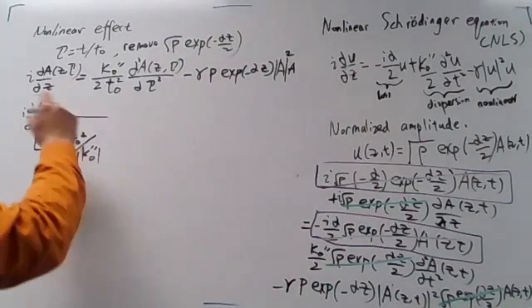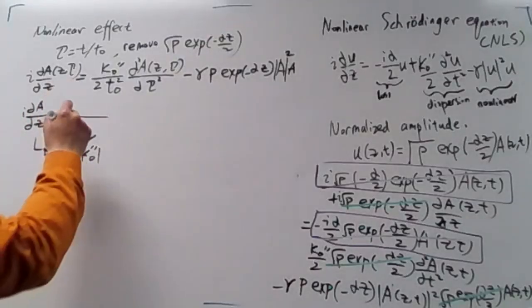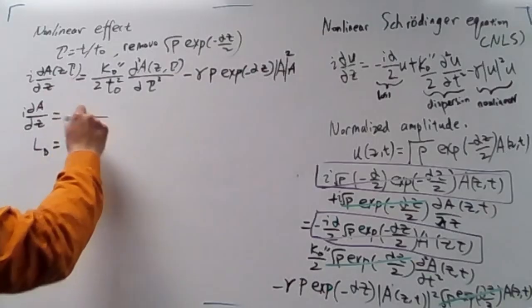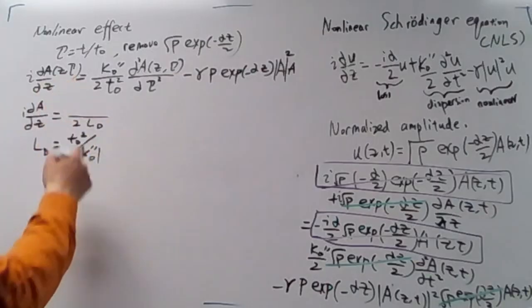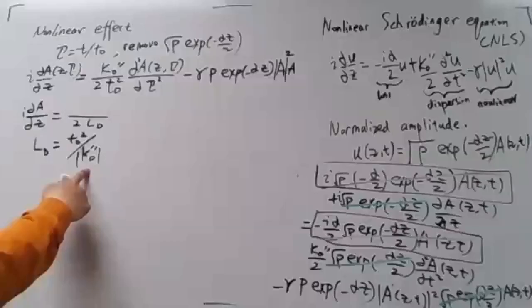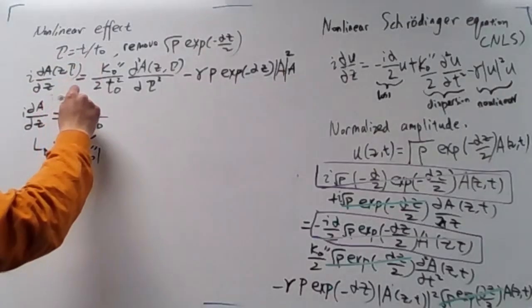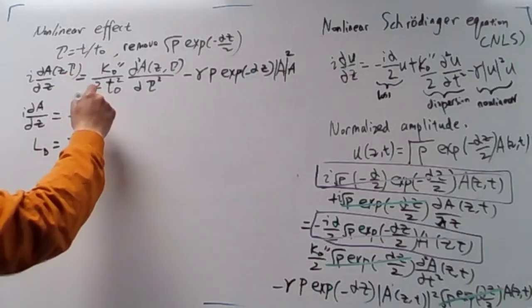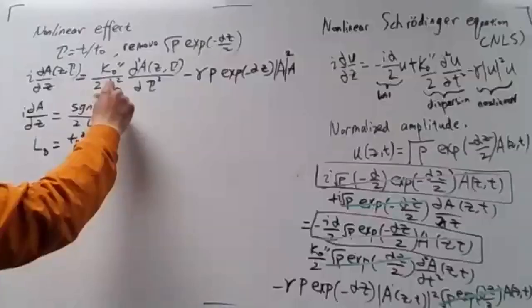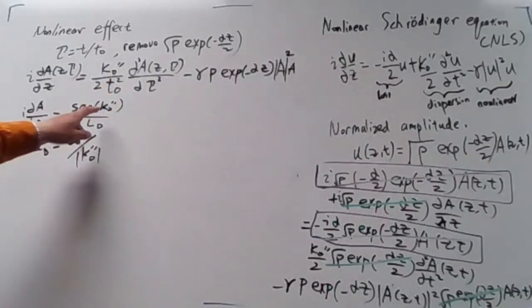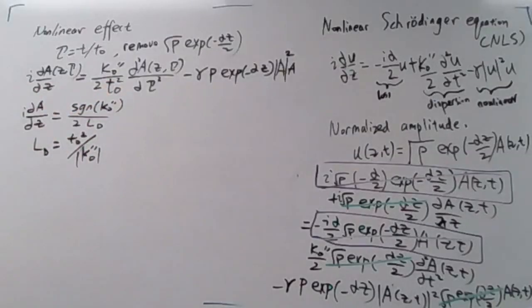They all play a role in the broadening. So now let's do this. It's 2LD, the dispersion length, but we need a sign for k naught double prime, whether it's positive or negative. So SGN represents the sign. If k naught double prime is negative 123, this SGN is negative 1.